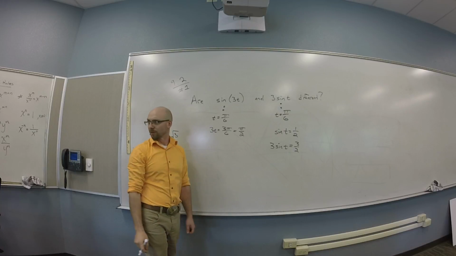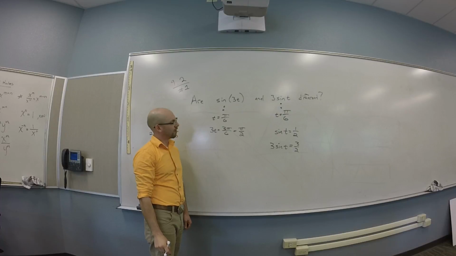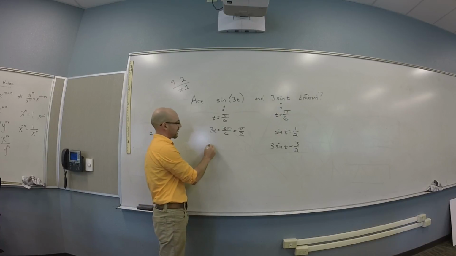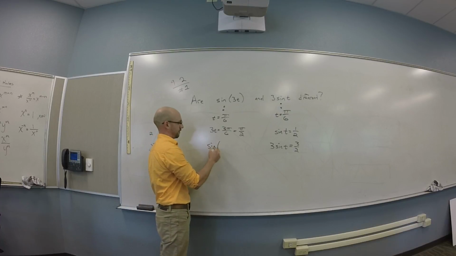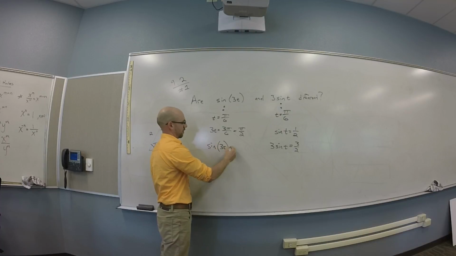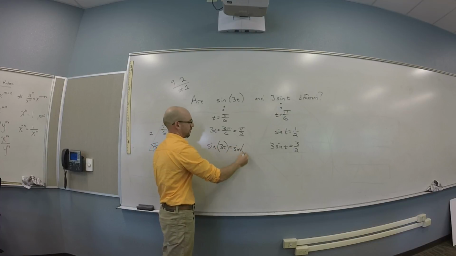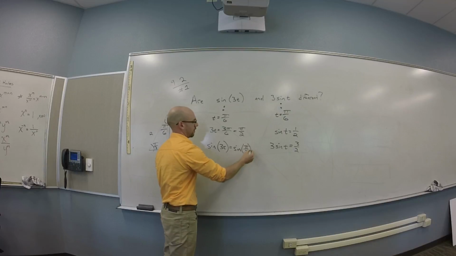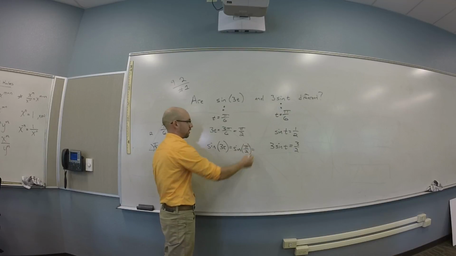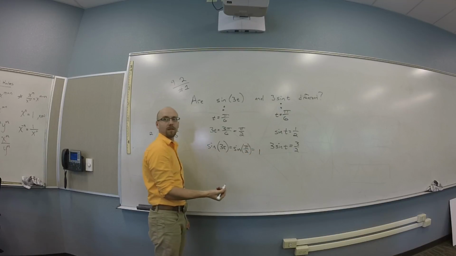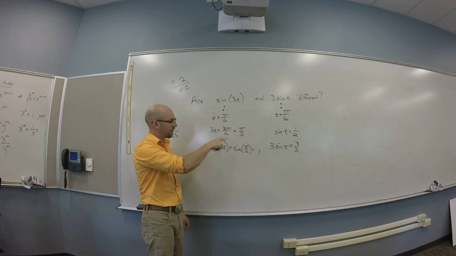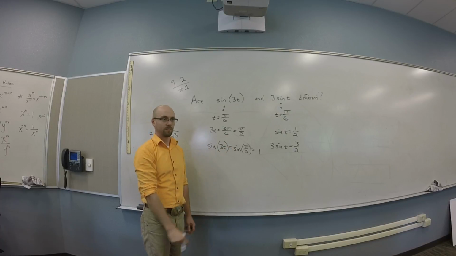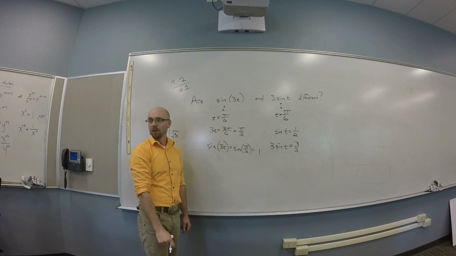And then I'm going to take sine of that. So this should be sine of 90 degrees, which is 1, which is a whole half less than 3 over 2, which is definitely not the same. You guys with me on that?